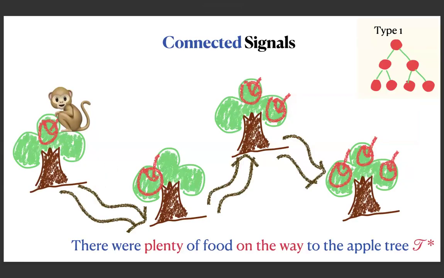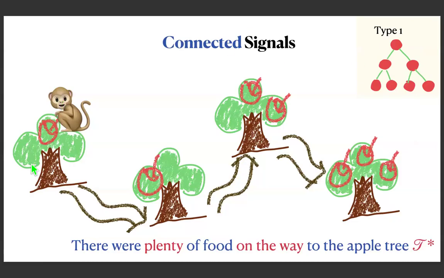When we have the connected signal structure, it is like a monkey jumping between trees full of apples. If this tree is the root tree, having only one node, essentially the movement of the chain from the root node to the full tree is like the monkey jumping between different trees while the chain increases the tree size.